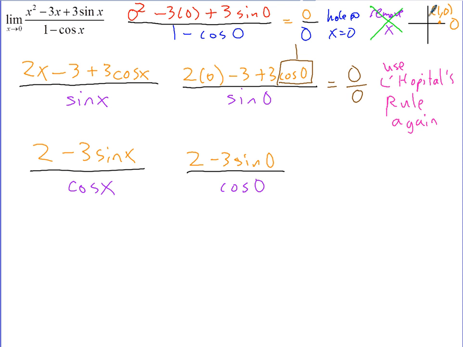So again, sine of 0 is 0, so that wipes that term out. So we just are left with 2 on the numerator over cosine of 0, which is the x-coordinate there, 1. So now we got what the limit equals. It equals 2. So we just had to use L'Hopital's rule twice here instead of just once. Sometimes you might have to use it 3 times, 4 times, it just depends on the problem. But eventually, you won't get 0 over 0, you'll get what your answer for the limit is.